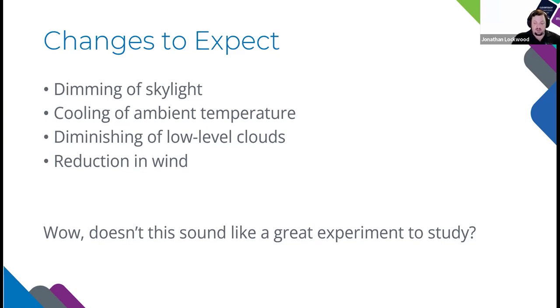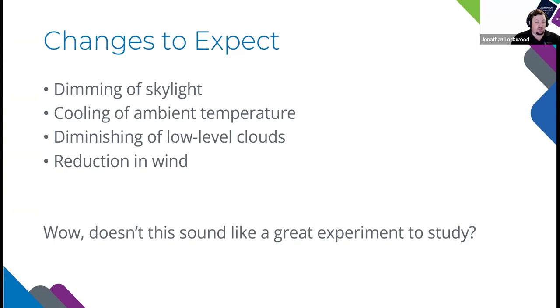So during the eclipse, there's some things that you can expect to see. Obviously, the biggest is going to be the dimming of the skylight. So depending on where you're located, you're going to see varying degrees of dimming of that skylight. Secondly, you'll start to feel a cooling of the ambient temperature. So the sun provides most of the heat towards the earth. Without the sun there, you'll notice that temperature cool.